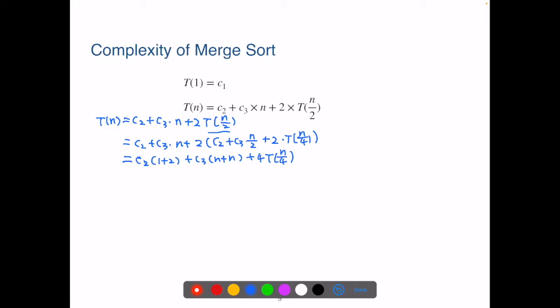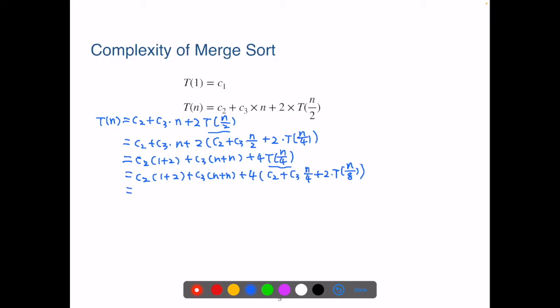Okay, now we can replace T(n/4). Just go a little bit further to be able to see the pattern. All right, so we have C2 plus C3 n/4 plus 2T(n/8).